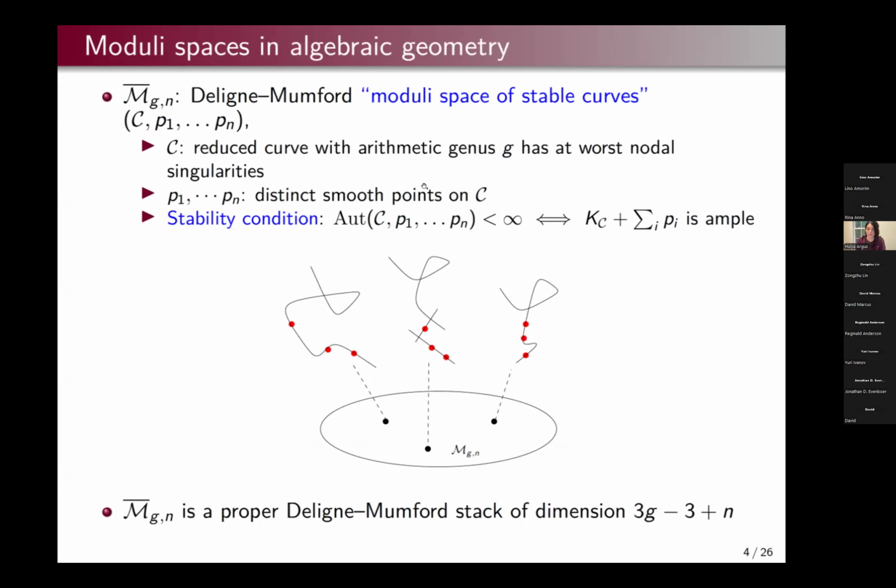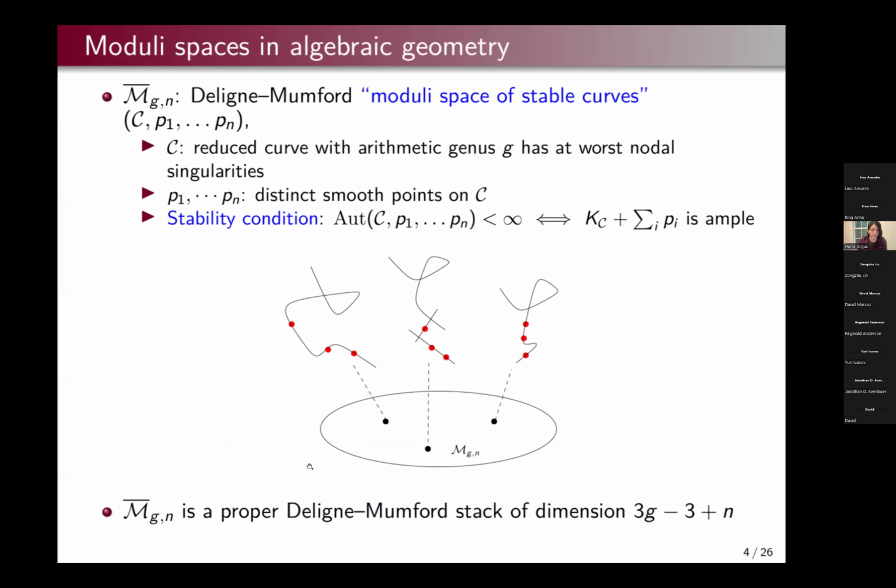And in addition, there is a stability condition requiring that the automorphism group of such a curve with these points should be finite, which is equivalent to saying that if you look at the divisor given by the sum of the canonical divisor with this union of points, this should be ample.